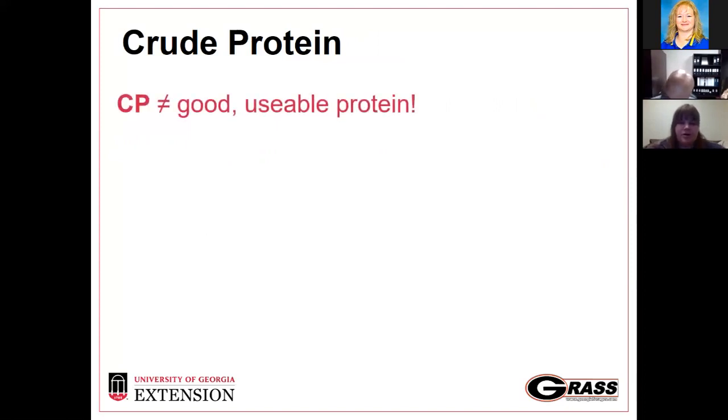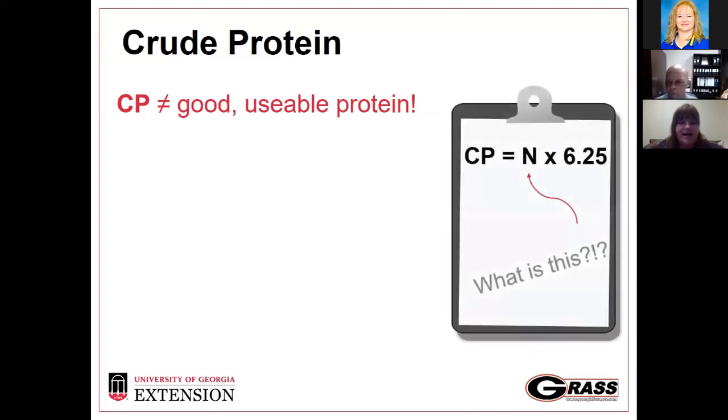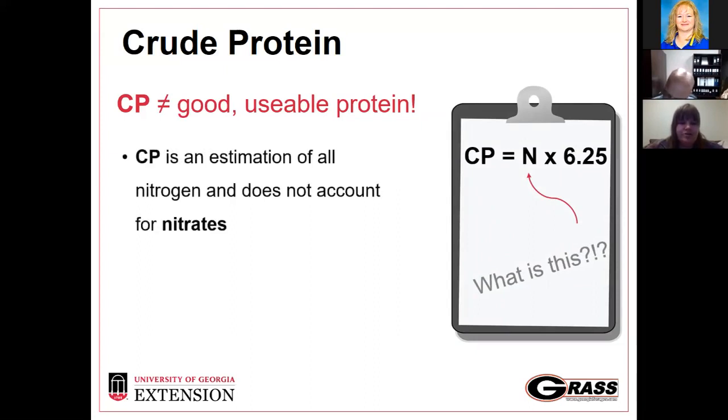What's also important is that when we talk about crude protein, it doesn't represent good usable protein. It's just how much of the nitrogen is in that forage sample. And it's just a simple calculation of nitrogen content times 6.25, and that's the number that we see on a lot of our reports.